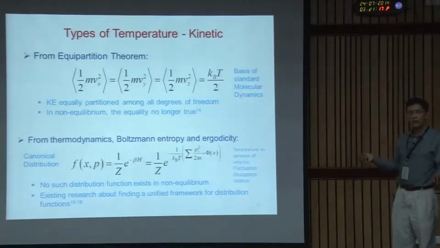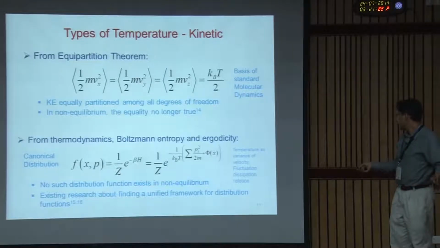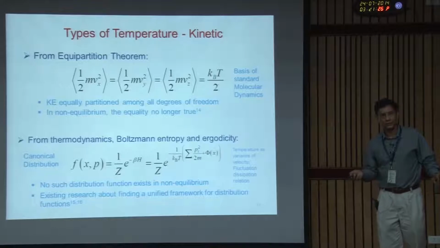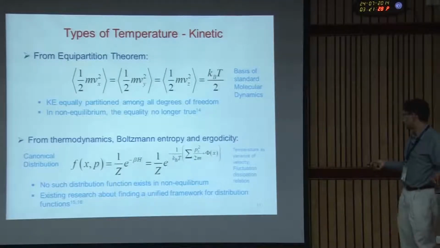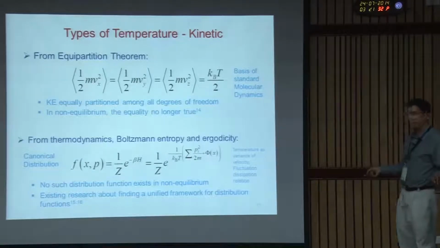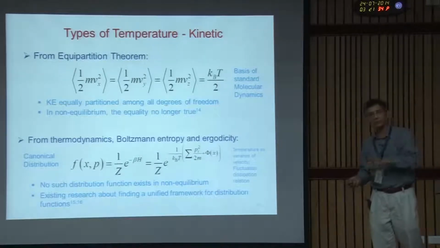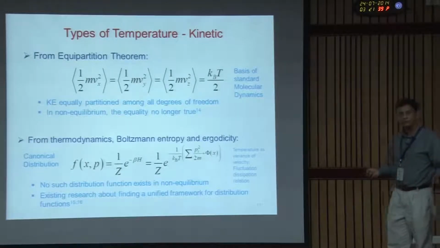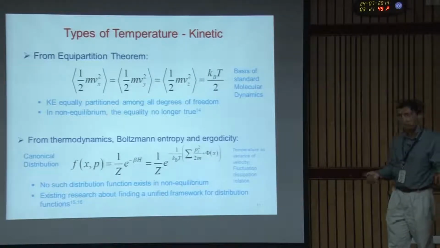If we move to the Maxwell-Boltzmann distribution, then temperature becomes the variance of the velocity distribution. So here we have the so-called canonical distribution, and this holds a fundamental place in temperature control because when a system is in contact with a heat reservoir, this is the limiting distribution that we want for it.